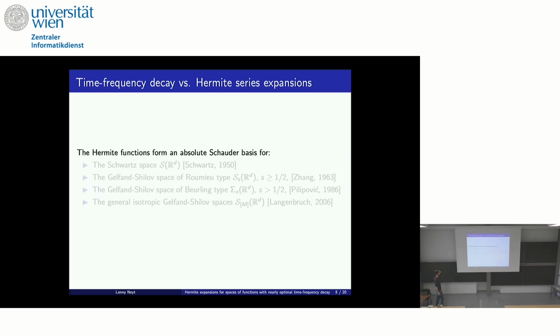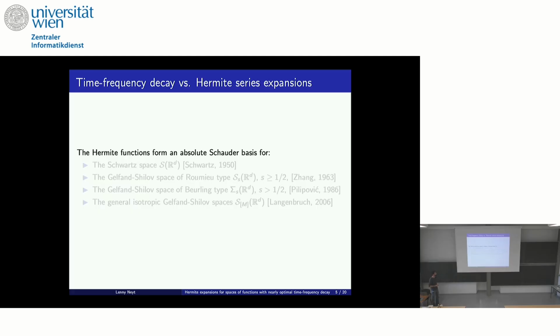The Hermite functions, during the last century, and up until even recent results, it has been shown that the Hermite functions form an absolute Schauder basis for the following functions, which I'll now represent using time frequency decay. But why all of these results work here is because they also have a differentiable or even ultra-differentiable representation.